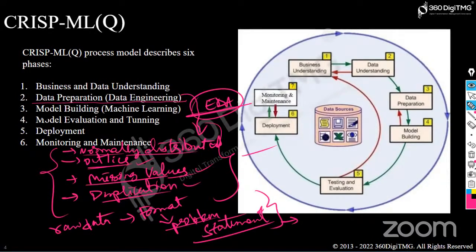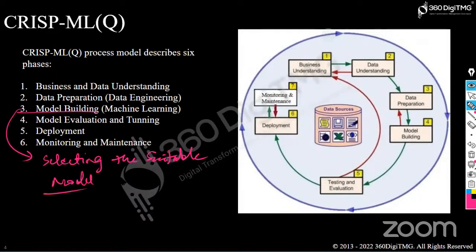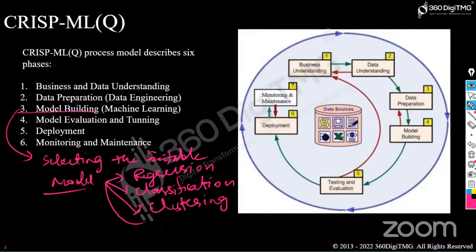Okay. So now at the third step, we'll build the model. When you are building the model, we are selecting the suitable model based on the data, either a regression model, classification model, clustering model, or neural network.